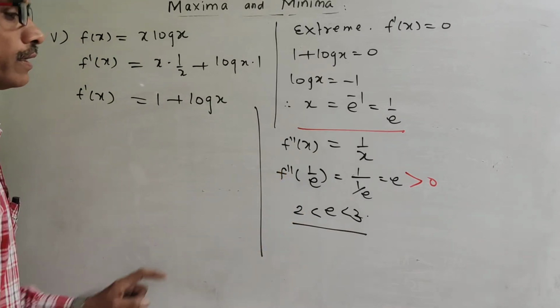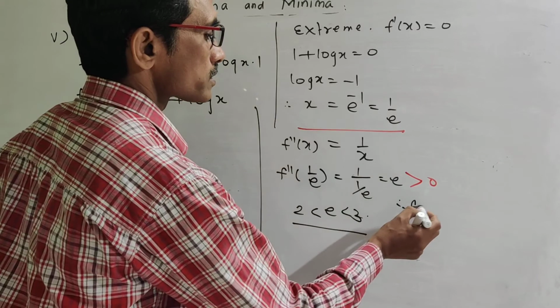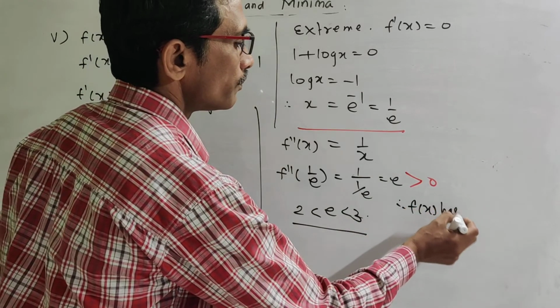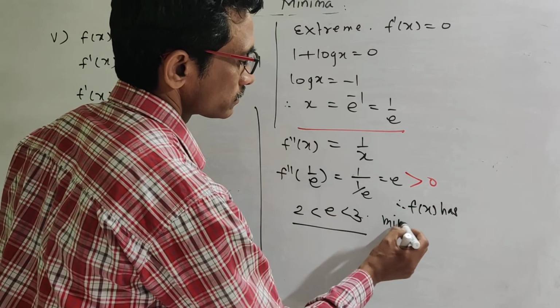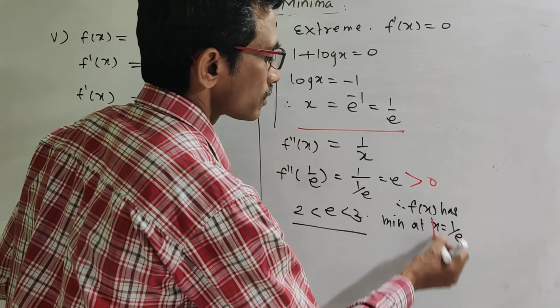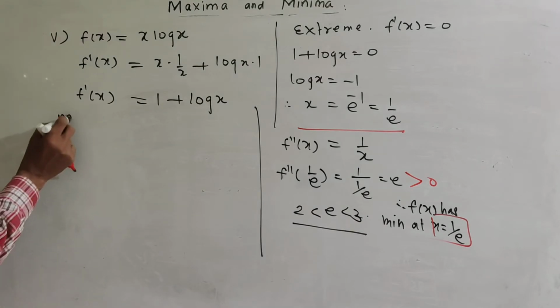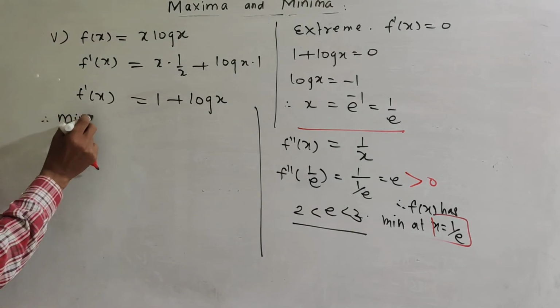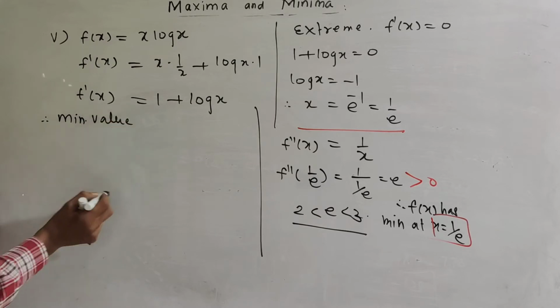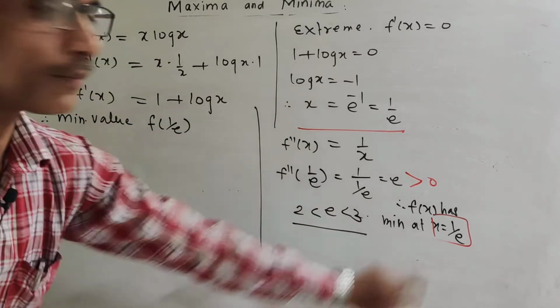Therefore what did we infer? That it is positive. Therefore f(x) has minima at x equals 1 upon e. 1 upon e is our stationary point. Now the minimum value is what? Therefore the minimum value of the function is at 1 upon e.